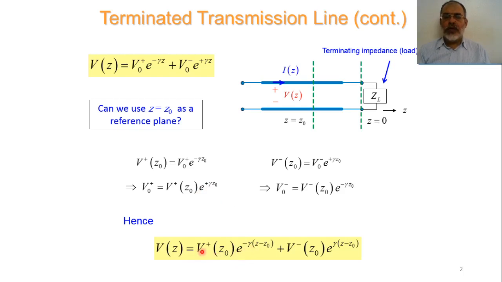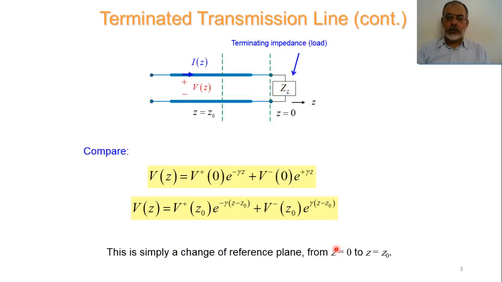So it would be V plus at z naught multiplied by e to the power minus gamma (z minus z naught). On the other hand, the backward propagating function would be V naught minus, which can be replaced by V minus at z naught multiplied by e to the power minus gamma z naught, multiplied by e to the power positive gamma z. So it would be V minus at z naught multiplied by e to the power gamma (z minus z naught).